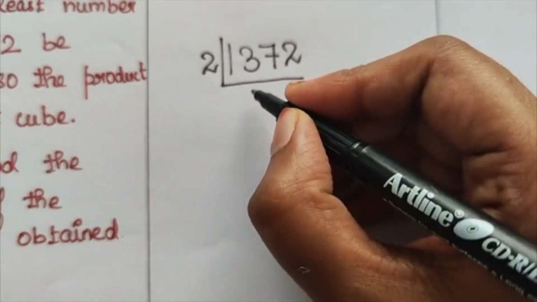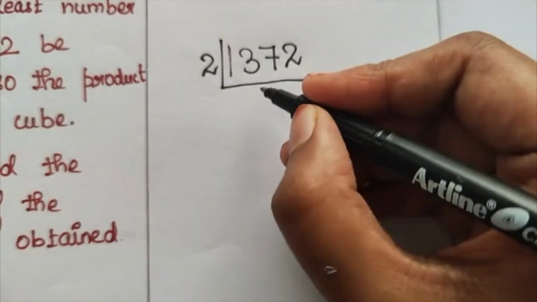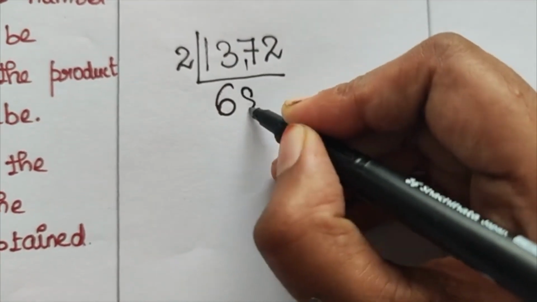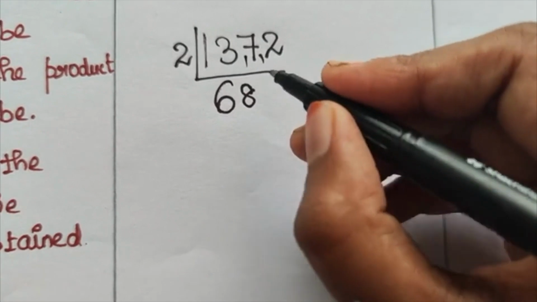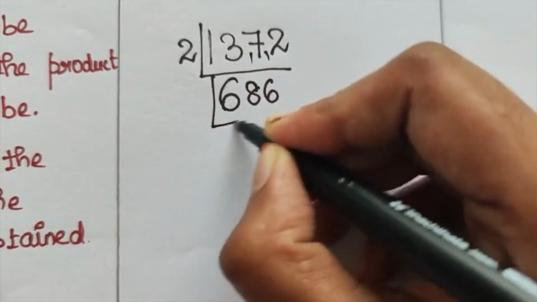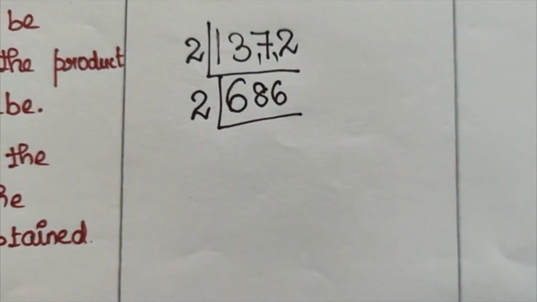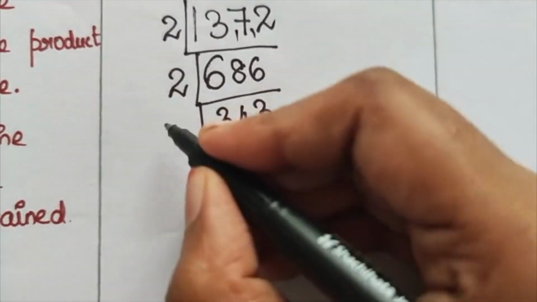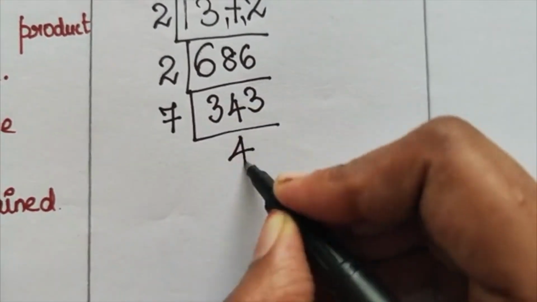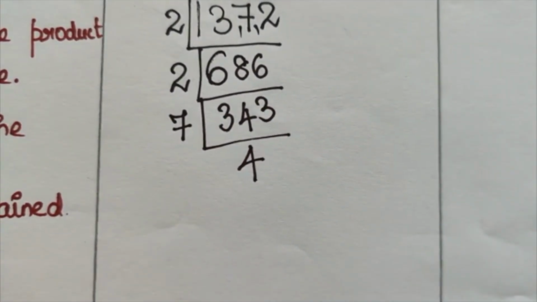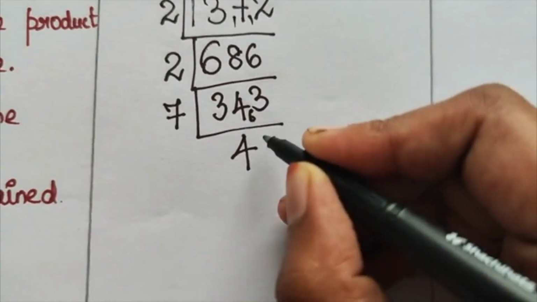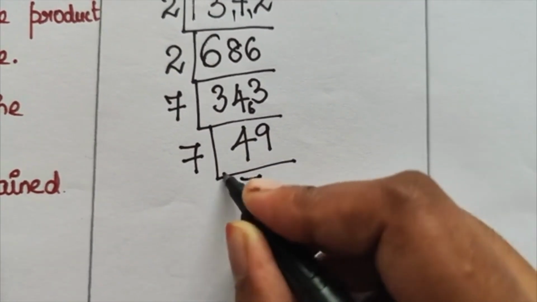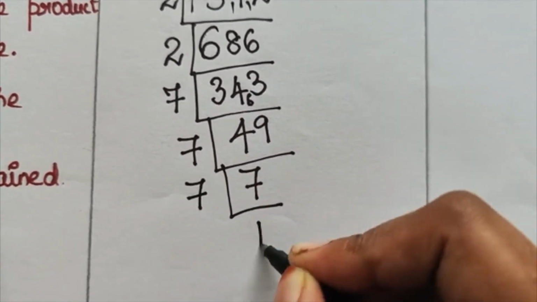6 2s are 12. Remainder 1. So 8 times 16, balance 1, 6. Again the 2 table, it is 3, 4, 3. We can use the 7 table, 4 times, and remainder is 6. 63 is 9 times. Again the 7 table, 7 times. Again the 7 table, 1 time.